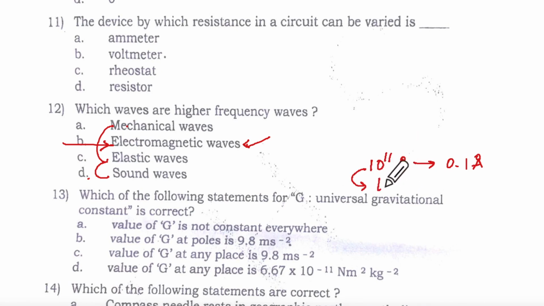Frequency will be low over here and high over here. So in electromagnetic also you have some with low frequency and some with high frequency. So I can't say all of them will be high frequency. Put this on hold. I don't know why they have asked this.